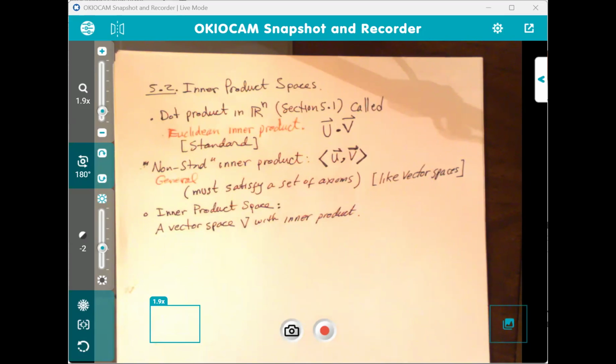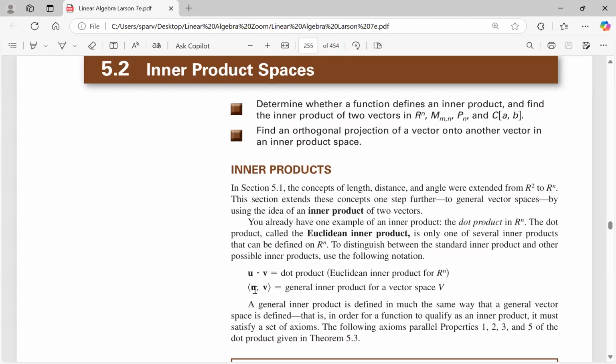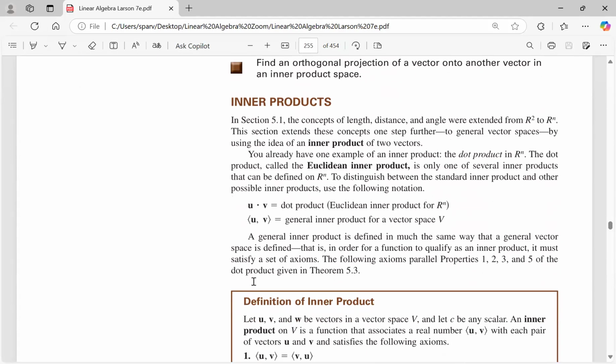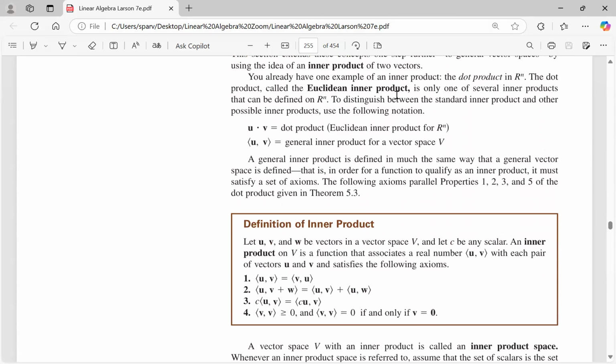Okay, so now let me switch to the page of the book, and then we're going to see these definitions and go forward. So I mentioned the Euclidean inner product. This is where you can read about it. Remember what we did in section 5.1 was U dot V. That's the Euclidean for Rn we just did before the break.